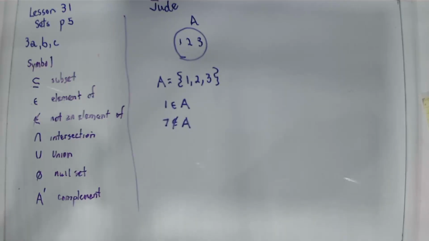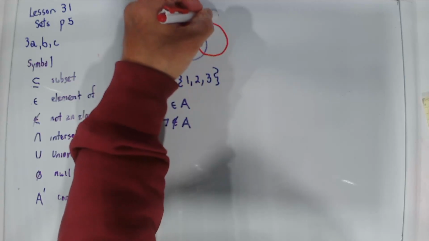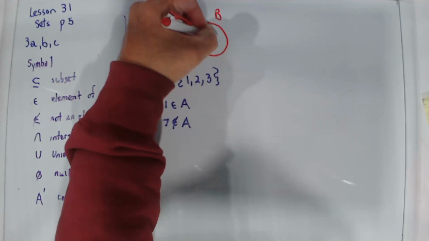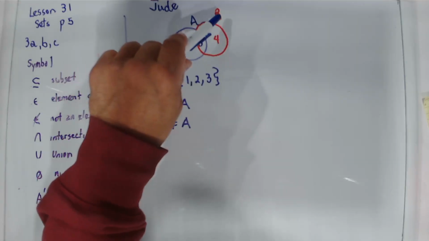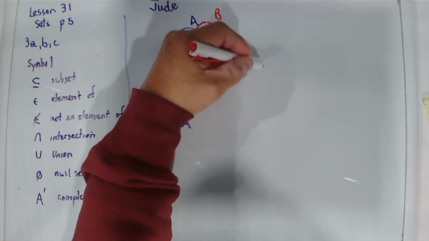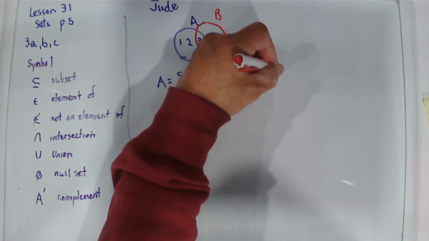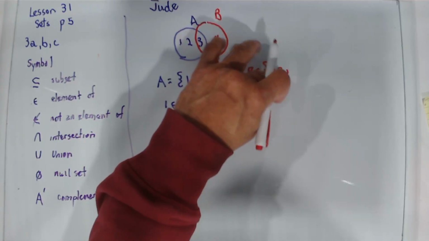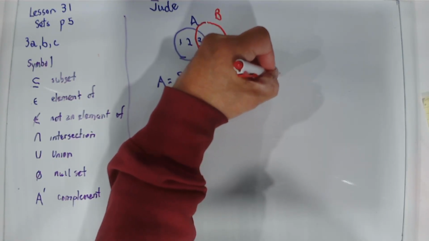Now let's go a little bit further, and let's say I had B. And this is B, and I'm just going to put a 4 in there. So now I have A and B, and if I want to write B, I could say B is equal to 1, 2, well actually it's equal to 3 and 4.